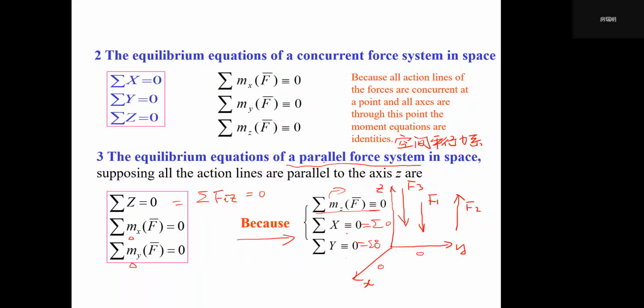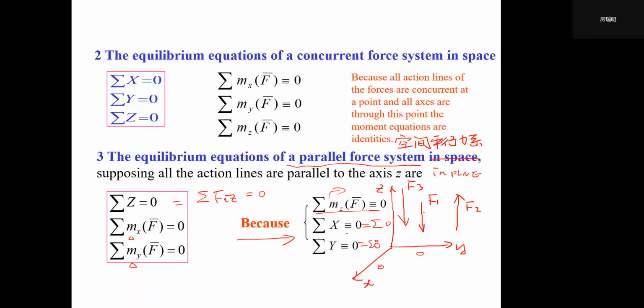So once again, if we change the parallel force system in space into one in plane, we will only have what? We will only have 2 equations, right? 2 equations. If all these forces are in the plane y, o, z, right?